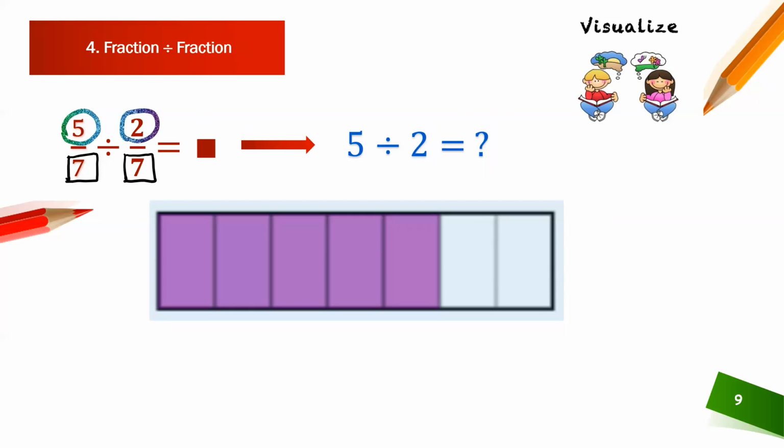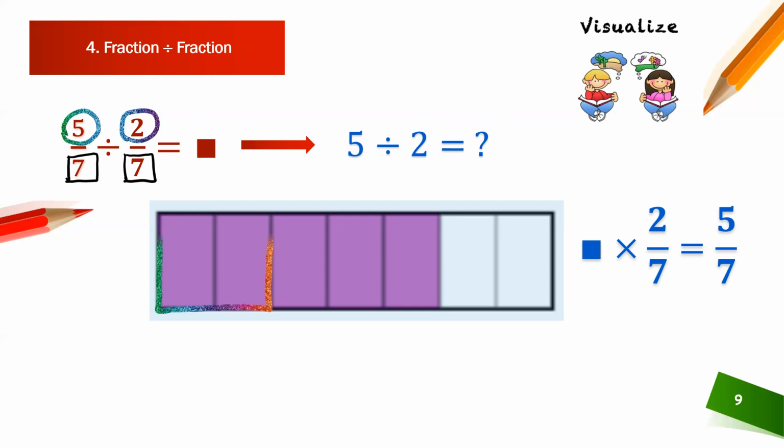Visually, here I have 5/7, 5 pieces out of 7, that's my whole. Then I am asking myself, blank times what? Blank times 2/7 will equal 5/7, meaning how many groups of 2/7 are there?